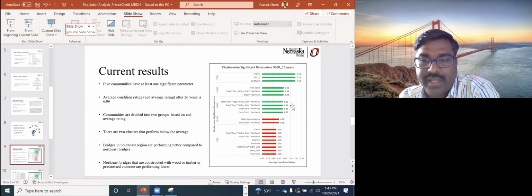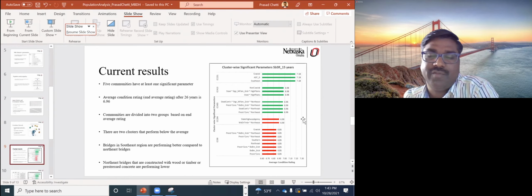It may look like the above average is 6.96 and the below average is 6.90, but we applied the Kruskal-Wallis test and found that they are significantly different in their average condition rating. So 6.96 is significantly different from 6.90.